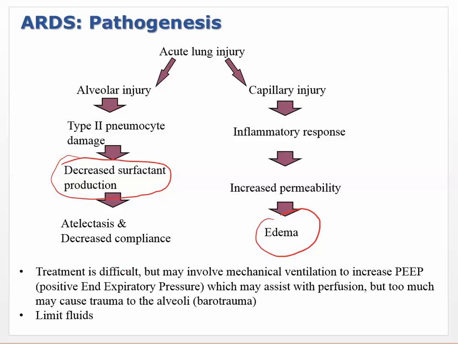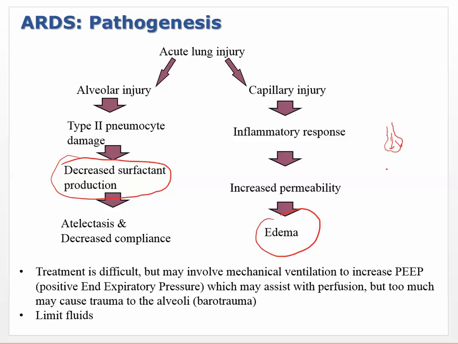So we see treatment is difficult, but may involve mechanical ventilation to increase your PEEP, which is positive end expiratory pressure. If you've got fluid in the alveoli, you're not getting good exchange. If you can increase that end expiratory pressure, then you can expand that a little bit and recover some of the ability of that perfusion to take place.